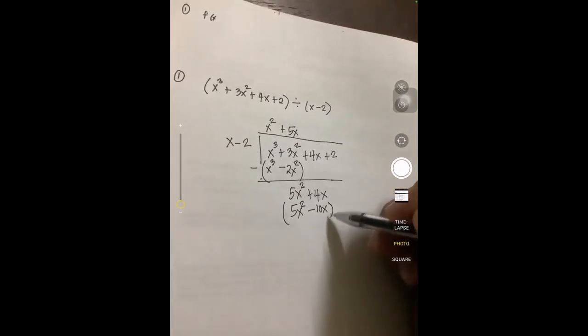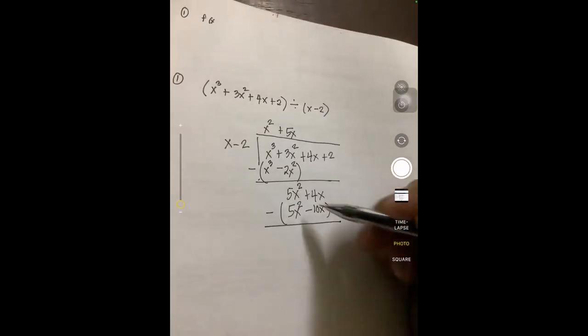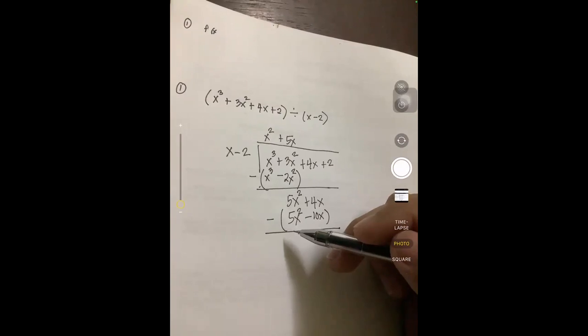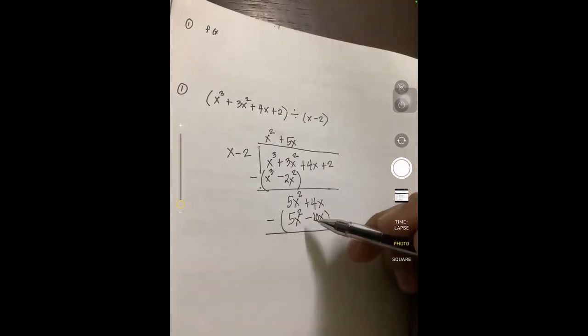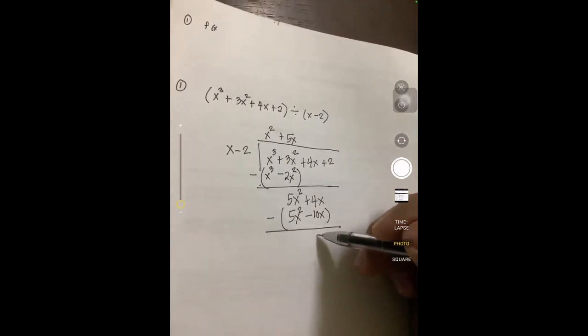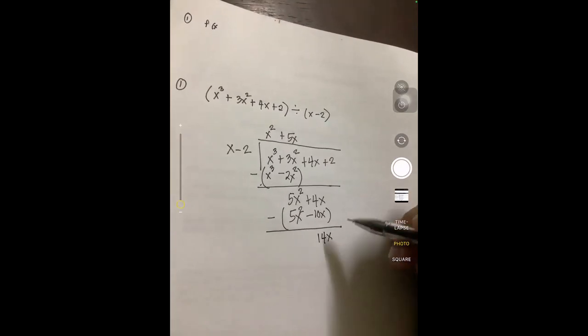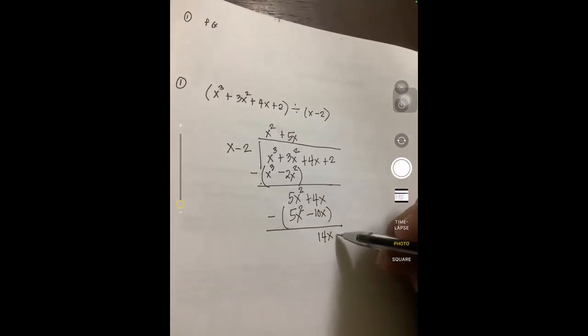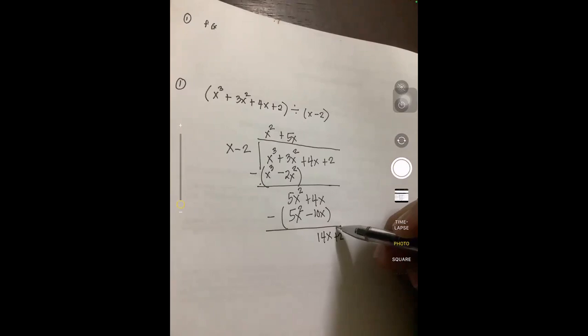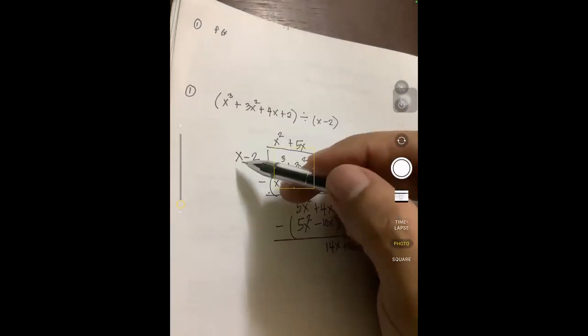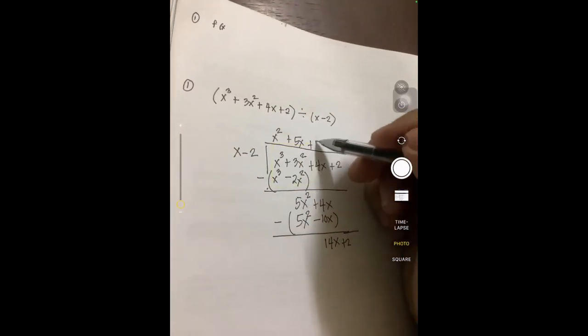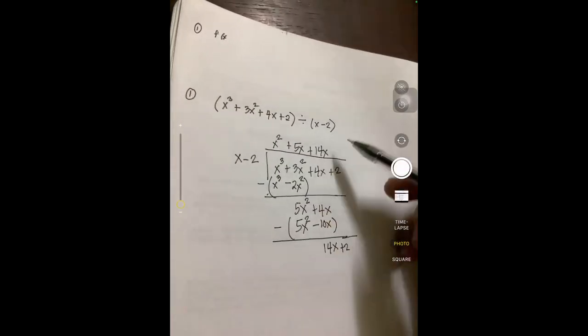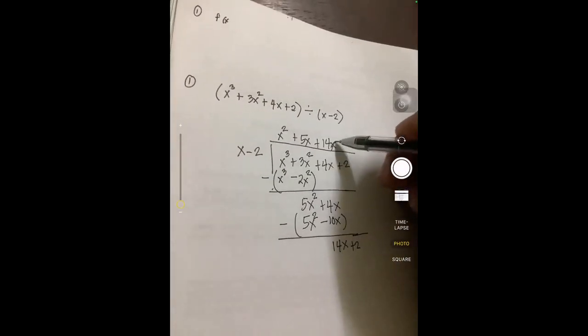Then we proceed with subtraction. 5 minus 5, you have 0. Then 4 minus negative 10 becomes 14x. Then we bring down positive 2. 14x divided by x is positive 14.